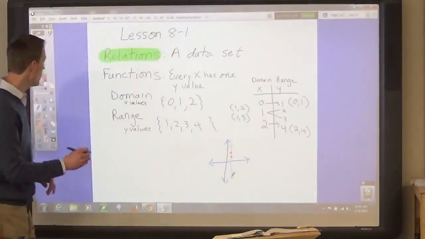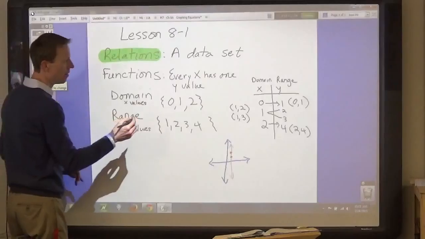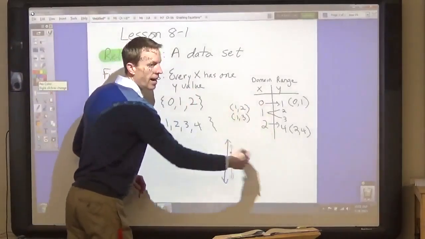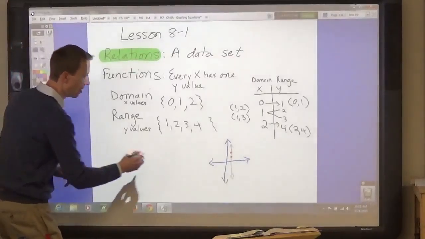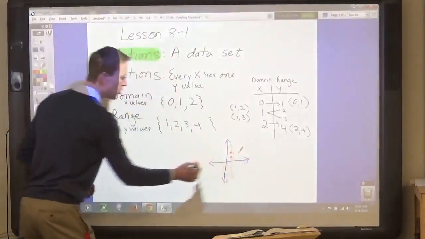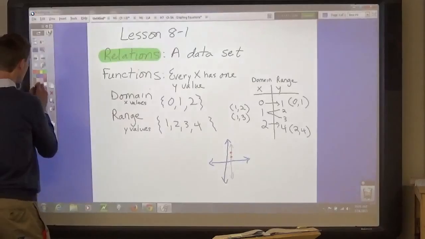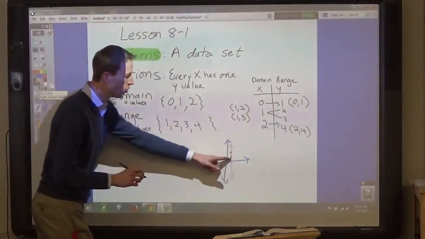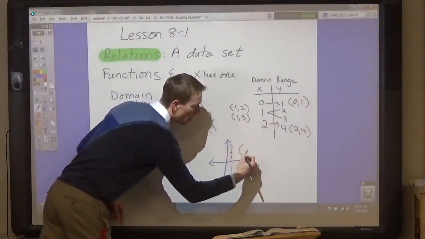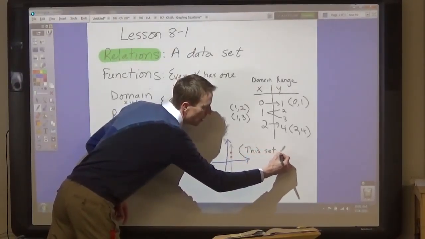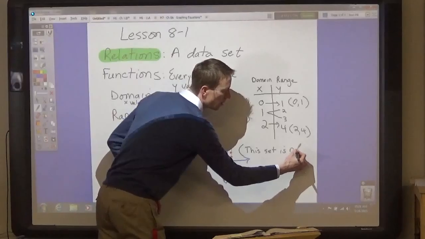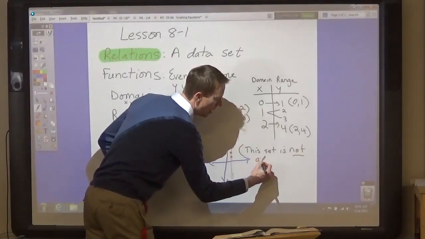If that's the case, then this set of data, or this relation, is not a function.